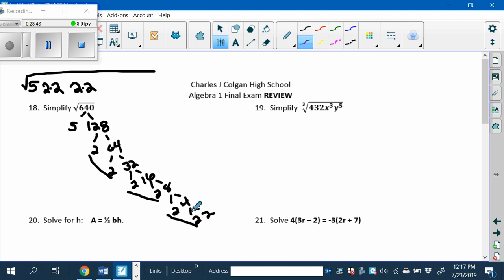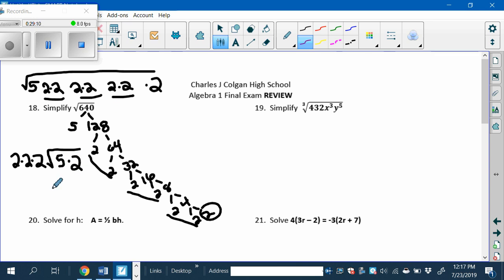So now I'm going to take this out, 2 times 2. And then this 2 is all by himself, so he's going to stay in the house, okay? So I take out 3 2s, and those get multiplied by each other. So that's 2 times 2 times 2. They all came out of the house. And then the 5 and the other 2 stay in the house, and they get multiplied together. So that's going to be 8 times the square root of 10.